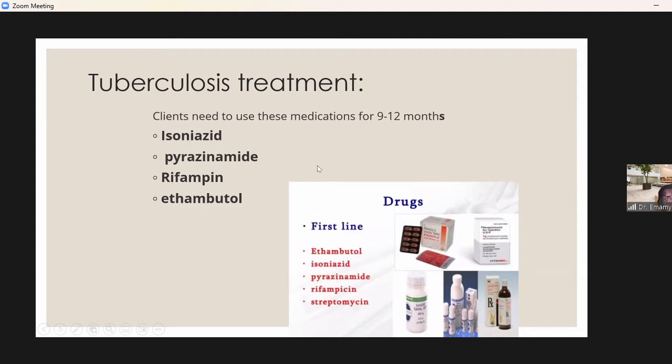So before you start anti-tuberculosis treatment, you need to check liver function tests, AST and ALT, to see if the patient has liver dysfunction in the first place. If the patient is okay and you start this medication, advise your patient not to drink alcohol. Don't take acetaminophen and other over-the-counter medications, because a lot of over-the-counter medications contain acetaminophen, which is hepatotoxic.